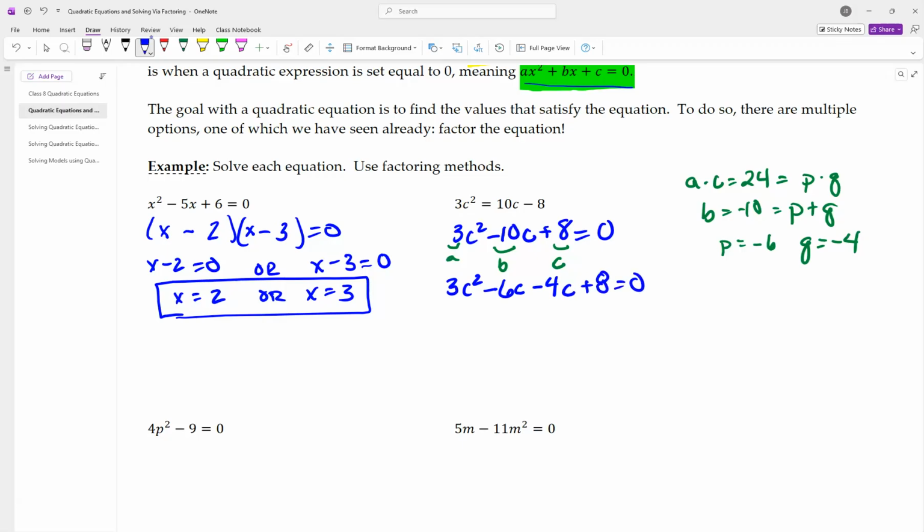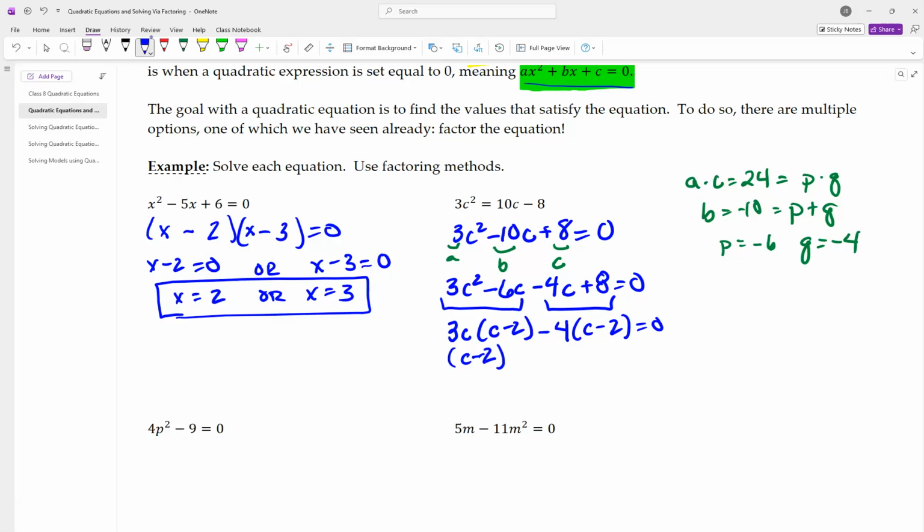Then I do factoring by grouping, so chunk the first set, and pull out the GCF from there, so that'd be 3c and then c minus 2. Then chunk the next two, and I could pull out a 4, but if I do that, I have a plus and I want a minus, so let's pull out a -4, and that's going to give me c minus 2.